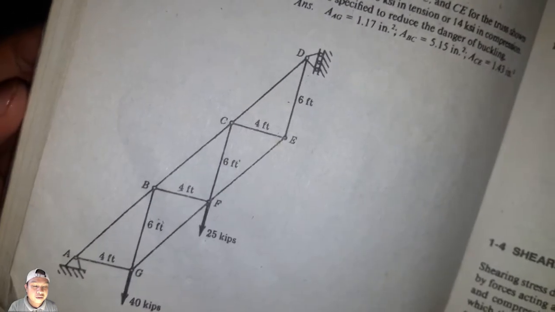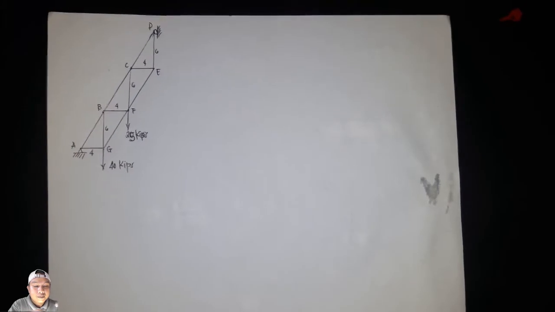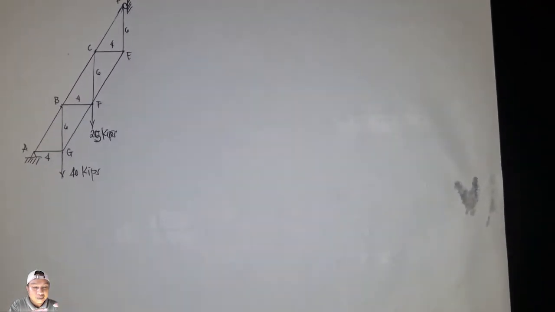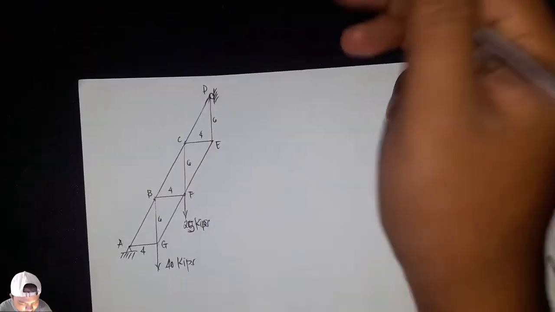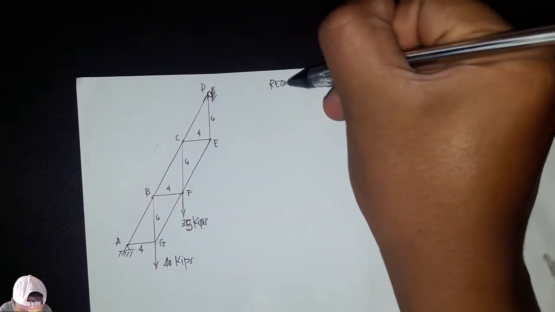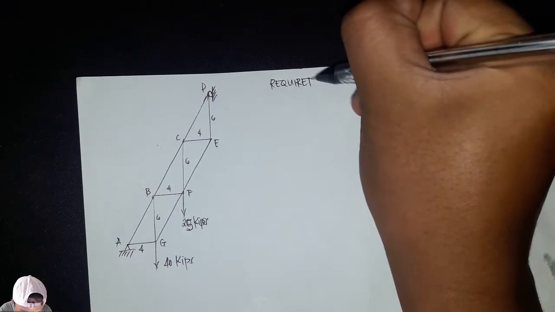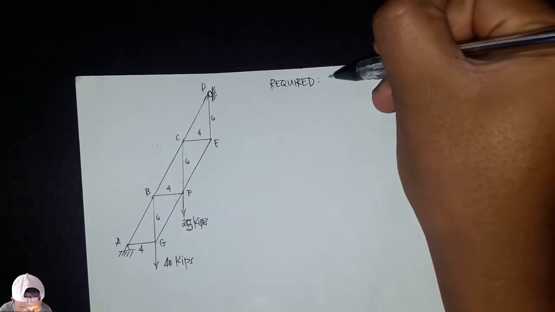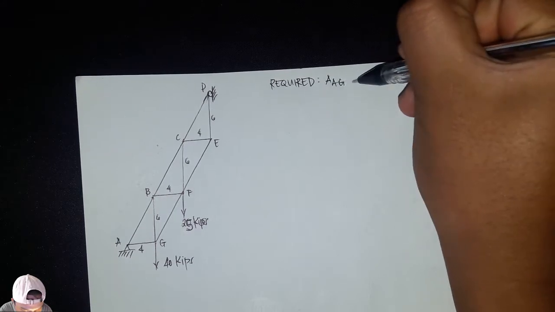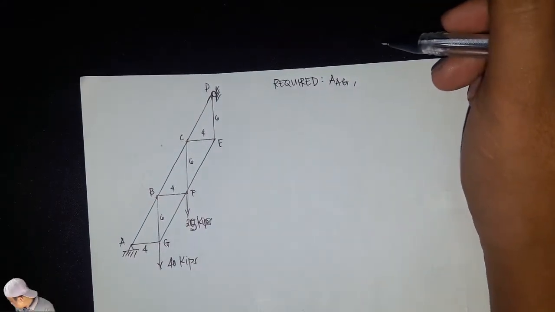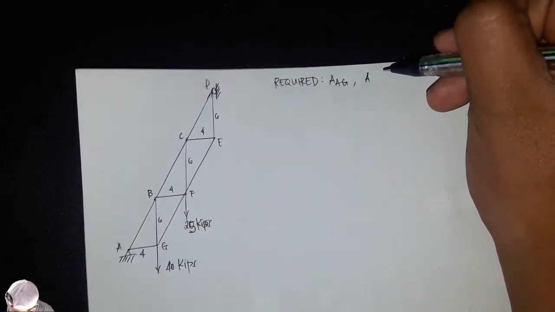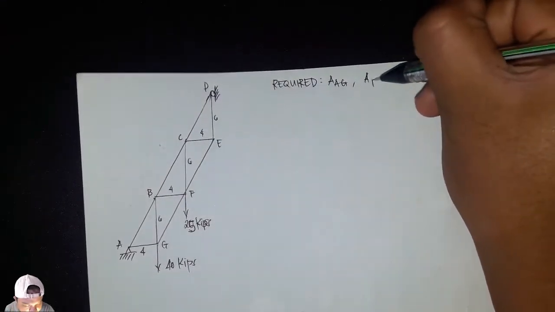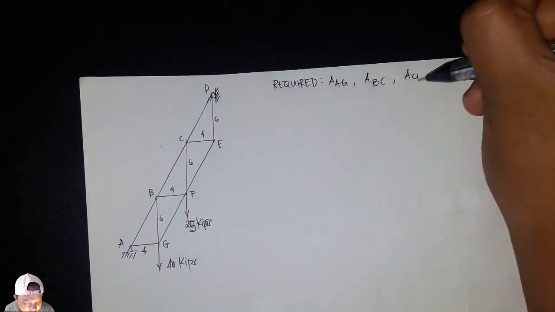So this is the figure, and of course dinrawing ko na yung figure kanina bago ako nag-start. So yung required natin is area of AG, area of BC and CE.